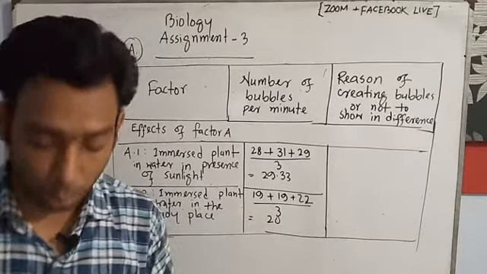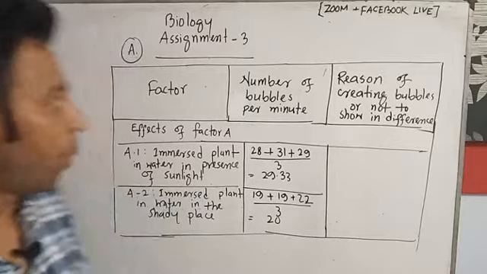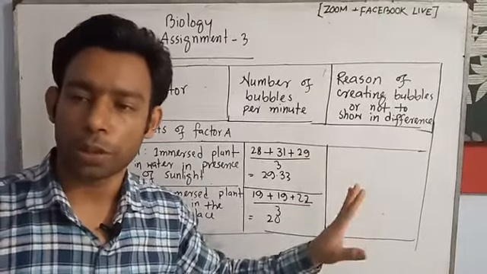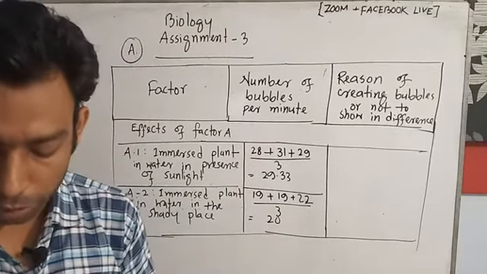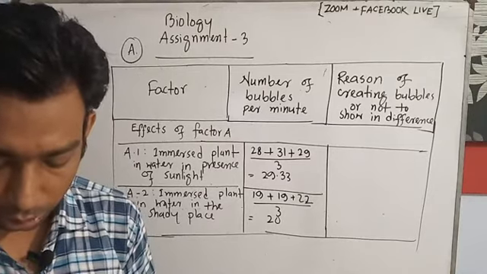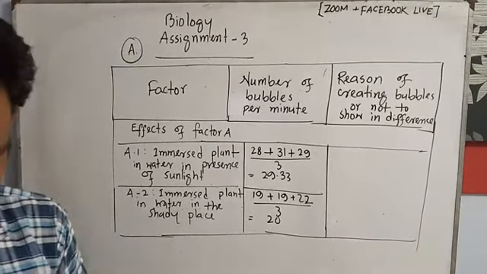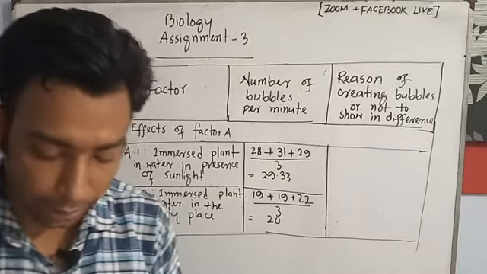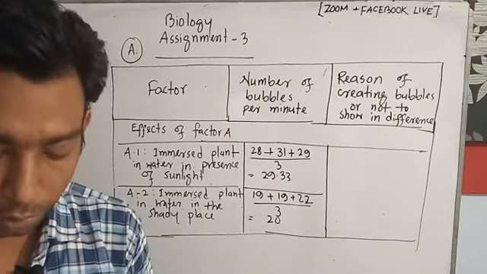Answer number A. What is the instruction given in answer number A? Look at here. You will draw a box like that, counting the number of bubbles. First one is counting the number of bubbles. And the instruction is going through there. Very first one, counting the number of bubbles.